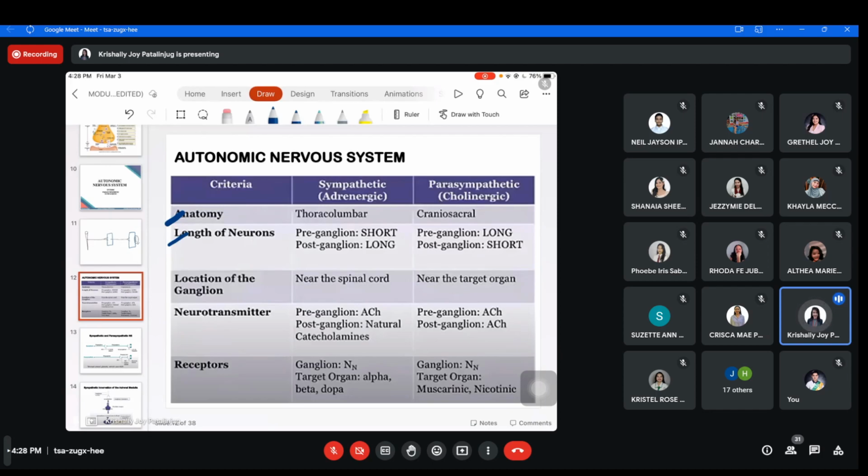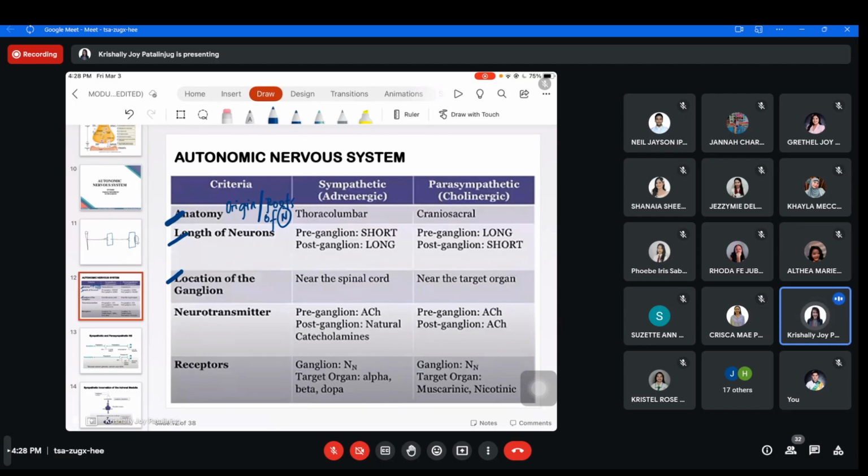So quick review only. Sympathetic neurons originate in the thoracic and lumbar region of the spinal cord. And parasympathetic neurons are rooted or originate in the cranial nerves or sacral region of the spinal cord.